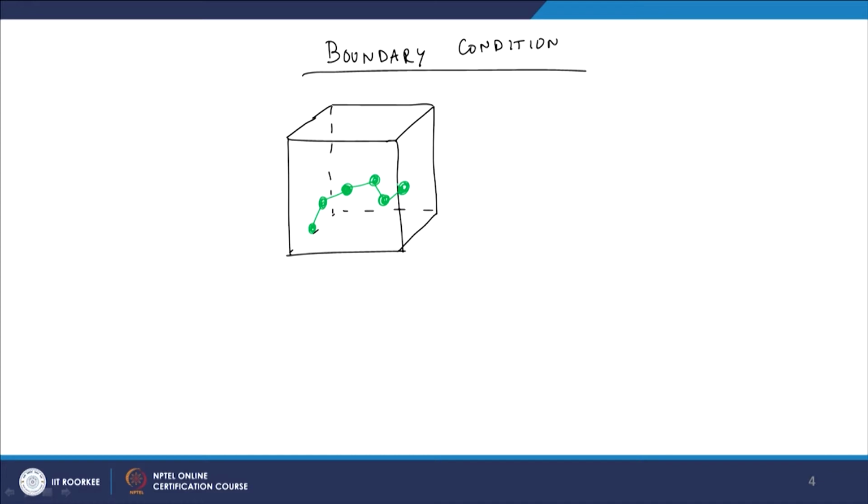Now as you can see, the polymer chain will keep on moving within the box, and on many an occasion it will hit the walls of the box, and once it hits the wall, it may have, for example, an elastic collision and come back, and then maybe it will reorient itself, and maybe after some time it will hit some other boundary, okay.